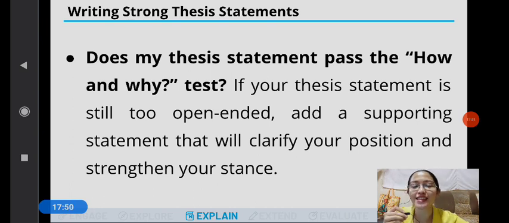These are not answerable by yes or no, and cannot be argued if you are really disagreeing or agreeing on a specific issue or topic that you aim to convey to your readers and your target audience.